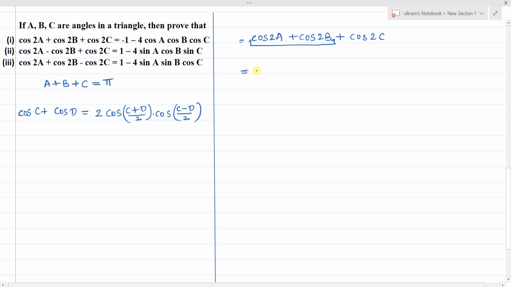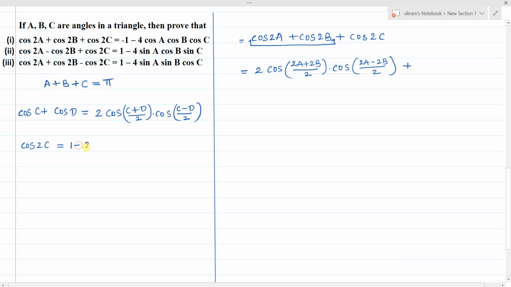Now where C is equal to 2A and D is equal to 2B, we can write this as 2 cos of (2A plus 2B) by 2 into cos of (2A minus 2B) by 2, plus cos 2C. And we have different formulas for cos 2C in terms of cos and sine.